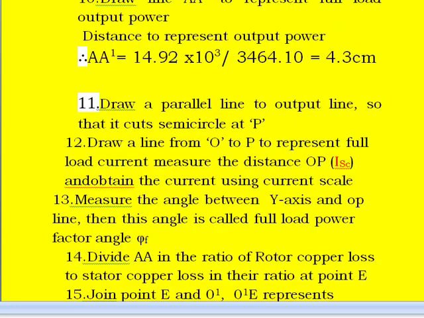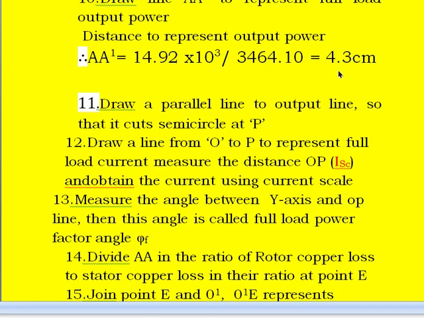In the problem it is given that the full load output is 14.92 kilowatts, and we know the power scale. So we can fix the length of the power output on the diagram as 14.92 into 10 cube divided by 3464.10.